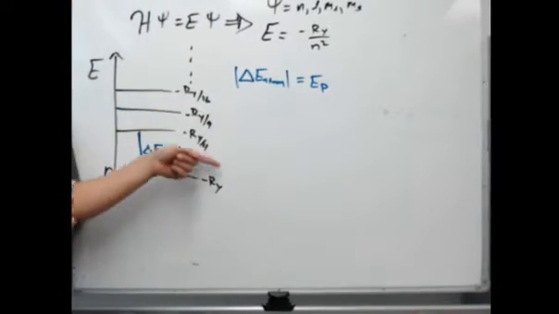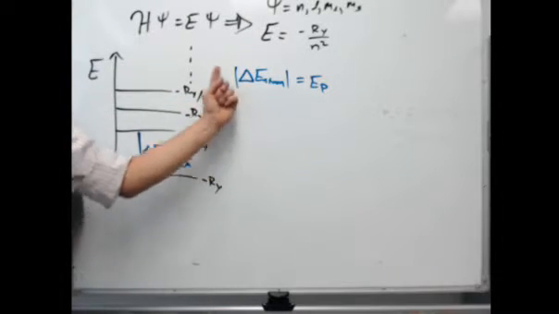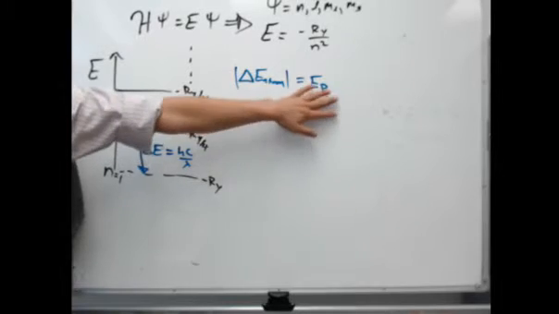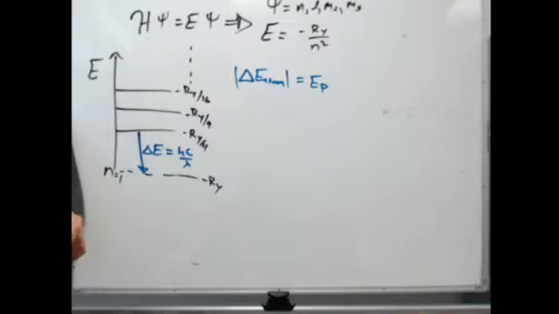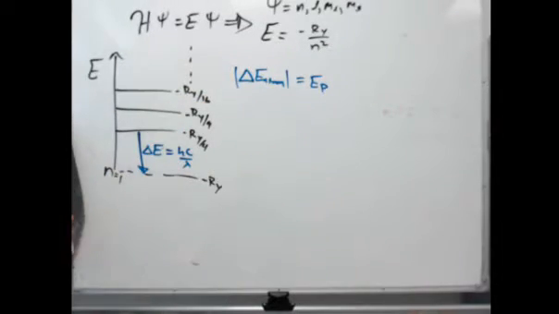If the atom is losing energy, we're creating a photon with positive energy. If the atom is gaining energy, we're destroying a photon with positive energy. The photon always has to be positive energy, which is why we toss the absolute value on there. But we still have to have the logic of whether the atom is actually gaining or losing energy.